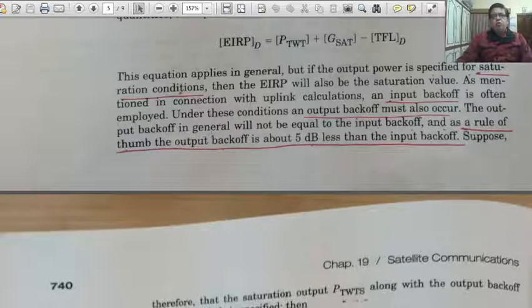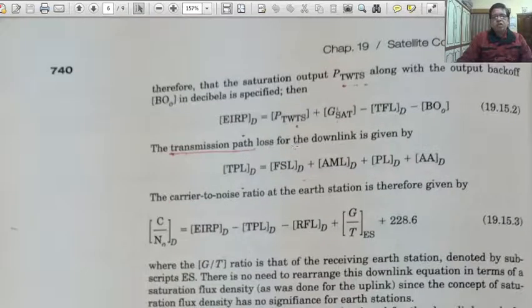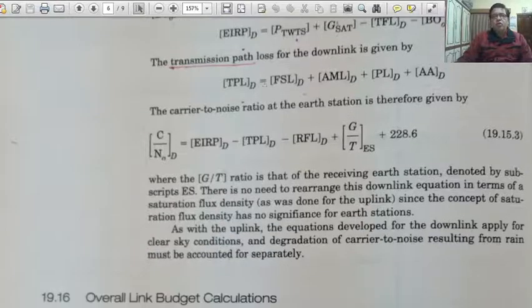The output backoff in general will not be equal to the input backoff, and as a rule of thumb, the output backoff is about 5 dB less than the input backoff. Suppose therefore that the saturation output PTWTS along with the output backoff BO output in decibels is specified, then EIRPD equal to PTWTS plus Z set minus DFLD minus BO.